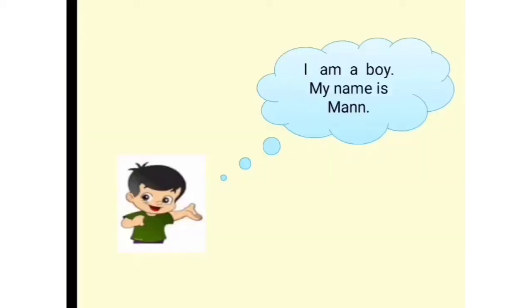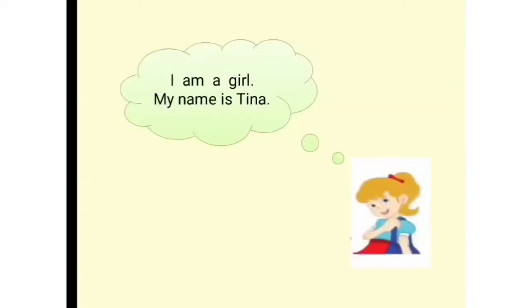Now, I will show you a few examples of I, my and you so that you all can understand properly. I am a boy. My name is Man. I am a girl. My name is Tina.